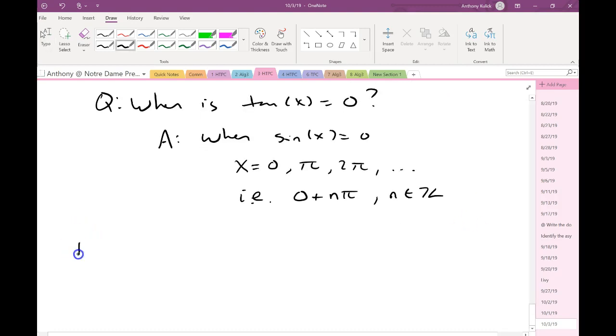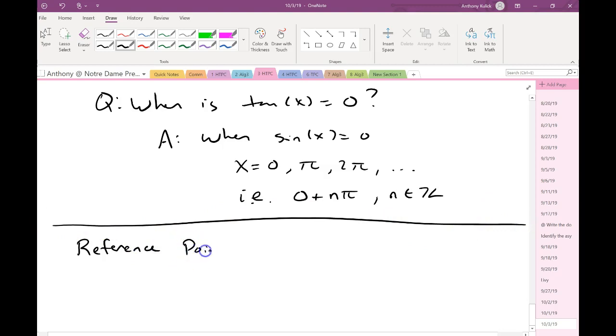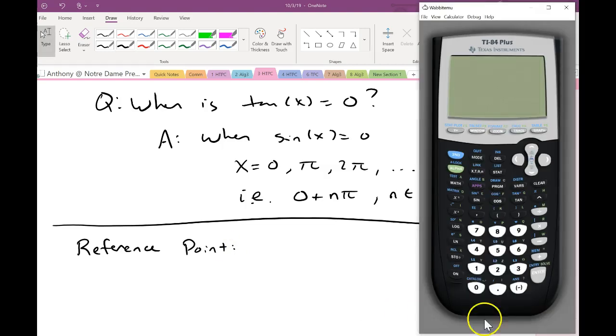Okay. So if we're going to graph a tangent function, we're going to be really interested in reference points, right? So if I think back to what this graph looked like, I'm going to look for one section of this graph.